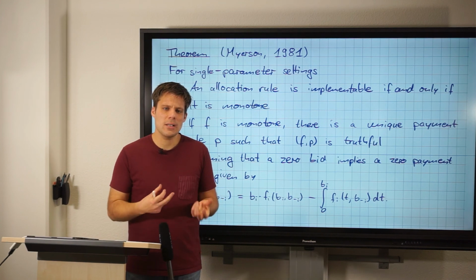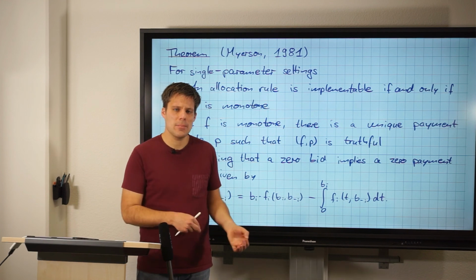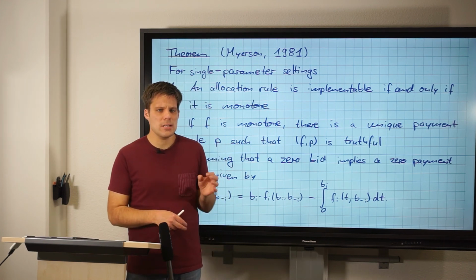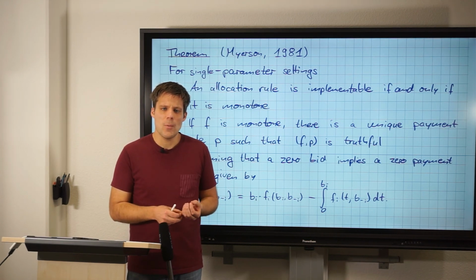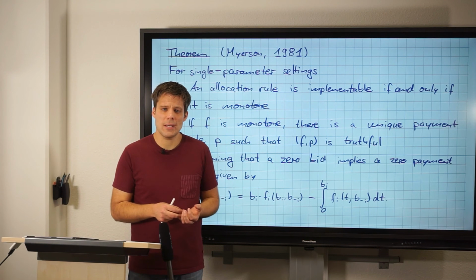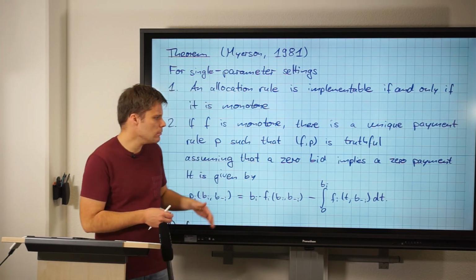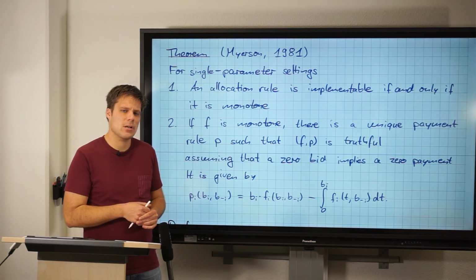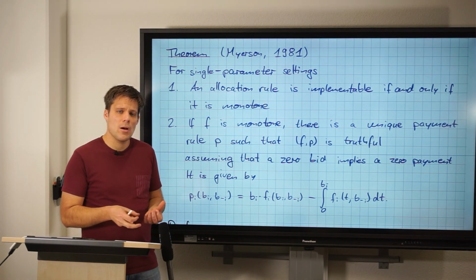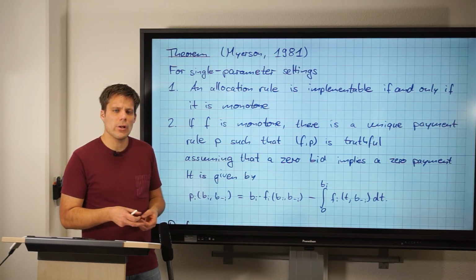It can only make a difference depending on what I'm bidding. This is where the payment differences sandwich was coming from, and this is usually very helpful if you want to understand in any way what a truthful mechanism has to look like, so if you want to derive any necessary properties. And then, showing that this will result in a truthful mechanism is actually not super complicated, because you just have to compare what I could bid instead. And whatever I bid instead will give me no larger utility.